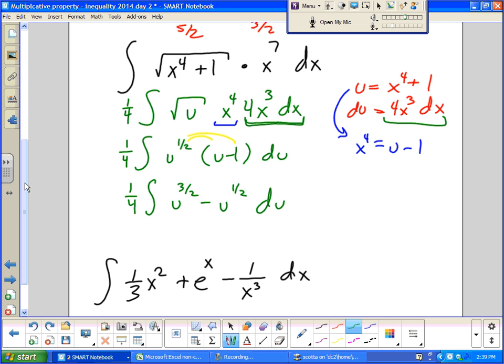All right? Kind of reminds us of the last problem, doesn't it? So now we'll integrate this. u to the 5/2 over 5/2 minus u to the 3/2 over 3/2 plus c. And I'll just throw in the plus c, because if you take a fourth plus c, it's still plus c, some constant we don't know.